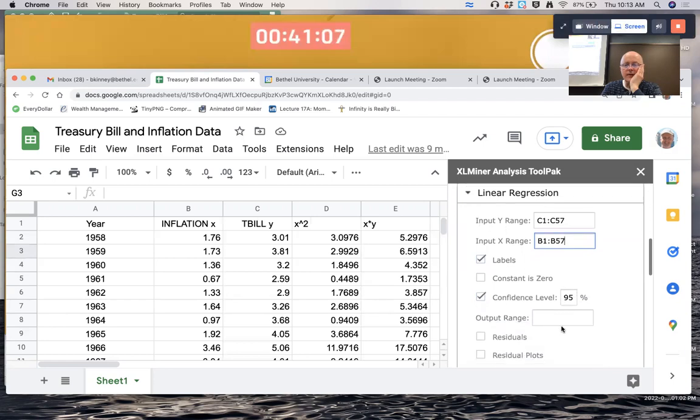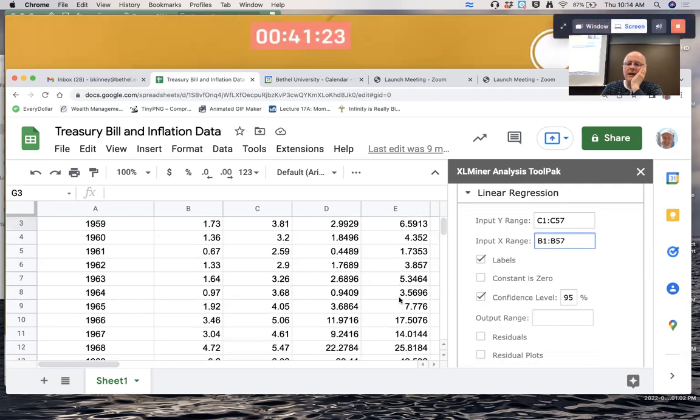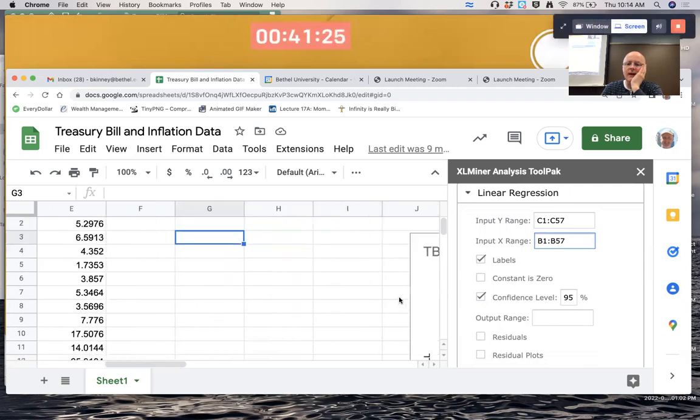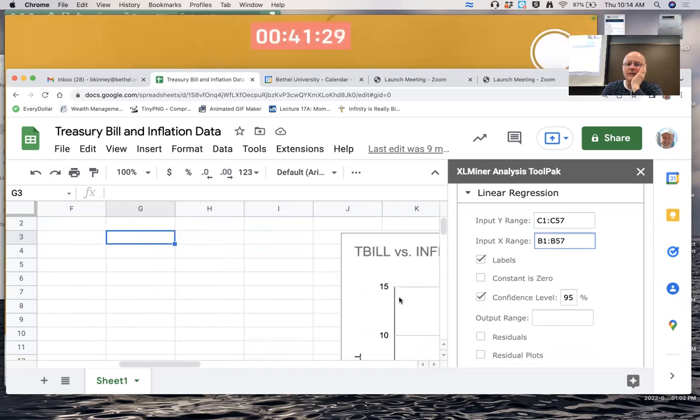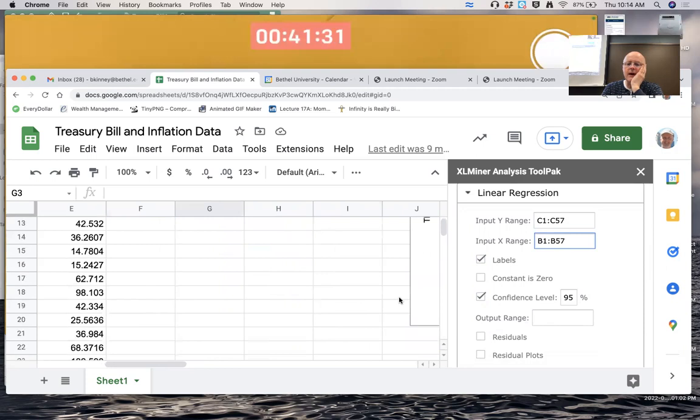Go down further. The confidence level for certain confidence intervals is by default set to 95%. And yes, that's fine to leave it that way. What goes in output range is a cell reference that is going to be in the upper left corner of the output. Where should that be? Well, maybe anywhere where it's not going to interfere with the data in the graphs. So maybe I want to go down to cell G22, looks good.